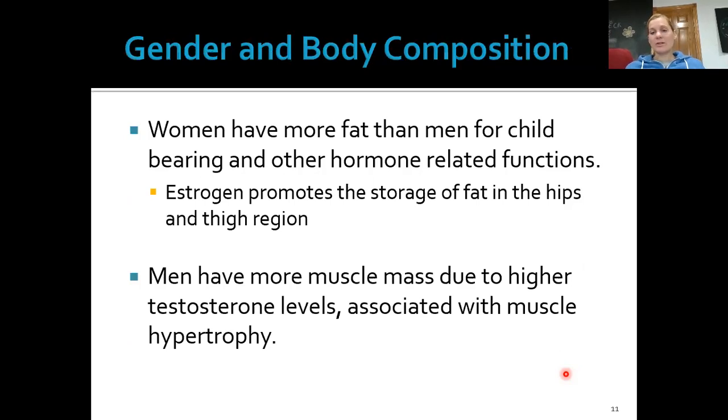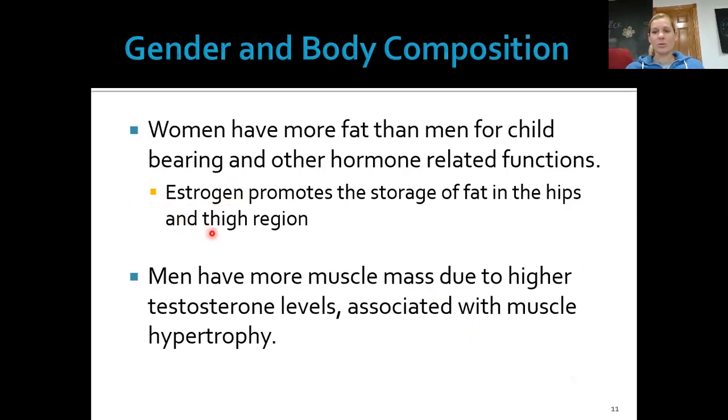We've mentioned this before, but I wanted to look at the hormones associated with this because I think it's super interesting. We know that women have more fat in comparison to men, and we know that that's related to the reproductive processes. The other thing that's interesting is the hormone estrogen.